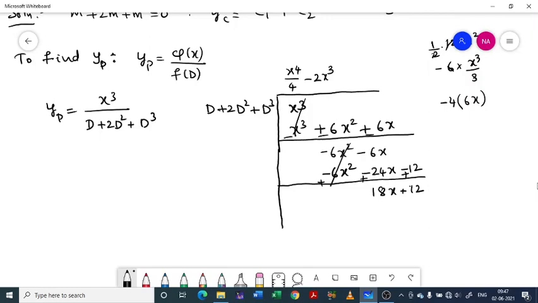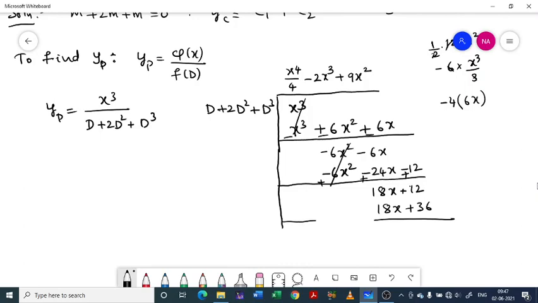So now 18x divided by d. 18 into x by d, that is the integral of x, so x square by 2. So 9x square. Oh, it will be 18x plus next term 2d square into 9x. You can check that it will be 36.